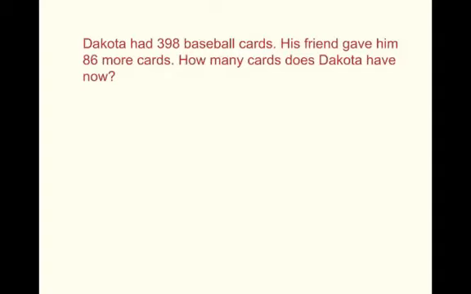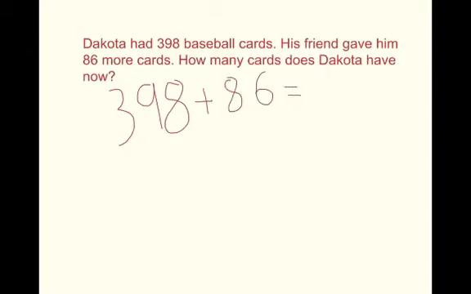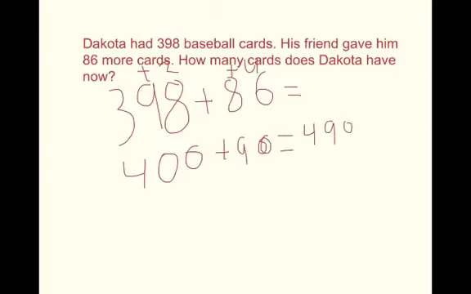Okay, so you started it. 398 plus 86 equals, I'm just gonna add 2 here and 4 here, and then, because it's easier, 400 plus 90 equals 490, and then I need to subtract 6 because that's what 4 plus 2 is, and I added that, or add 6, yeah, subtract, and then that equals 484.